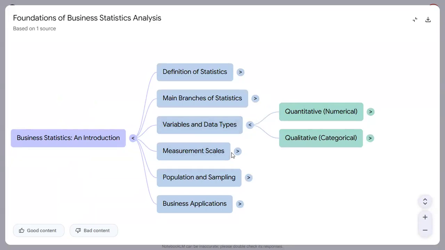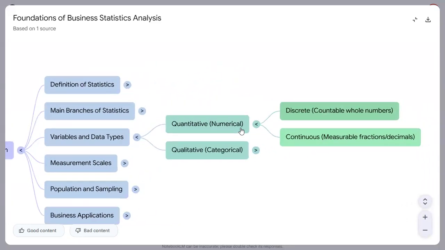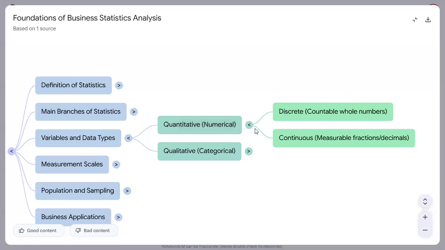Variables and data types. Here you may study about quantitative and qualitative data, and we can further divide quantitative numerical data into discrete, countable whole numbers, and continuous, measurable fractions and decimals.